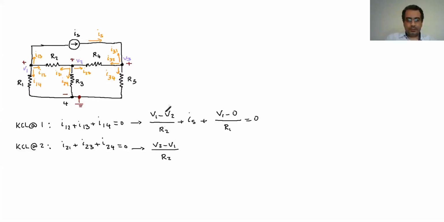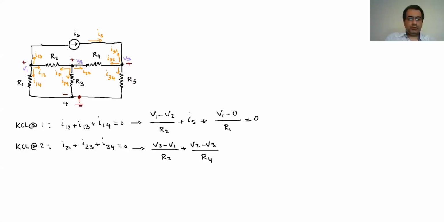If you compare these two terms, you will see the one at the top is exactly the negative of what we have in the bottom. So don't worry about them. You always write it as voltage at the start minus voltage at the end. Then we have the 2 toward 3. So it's V2 at the start minus V3, the voltage at the end, and what is in between is R4.